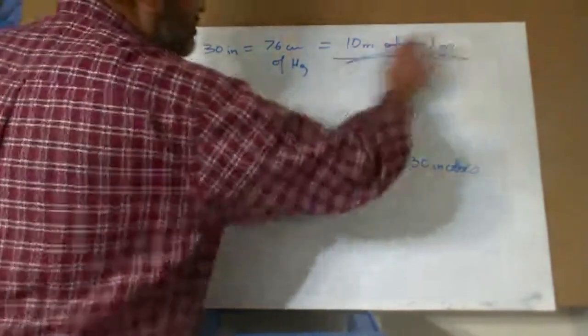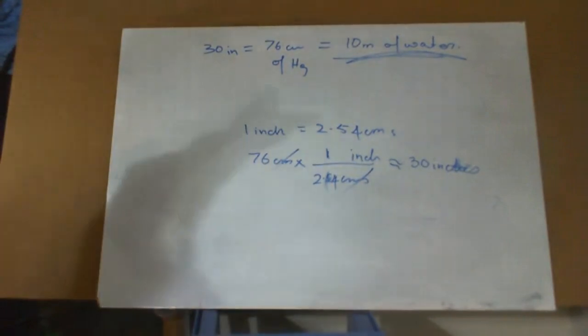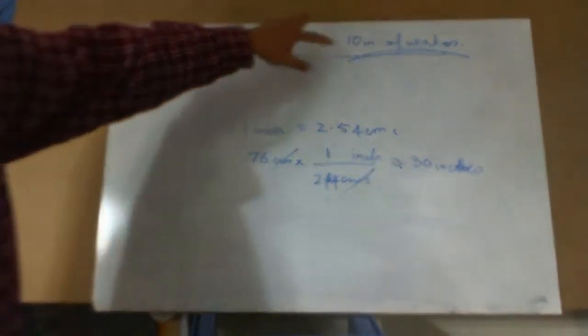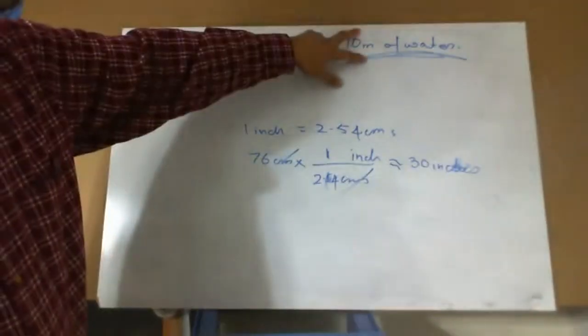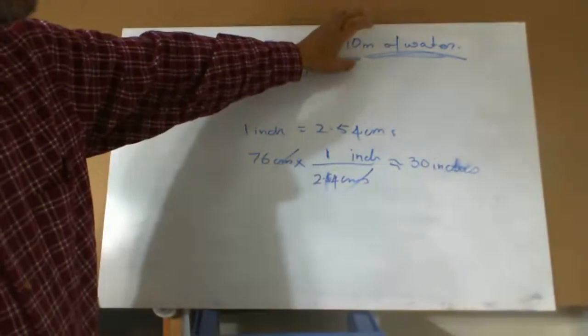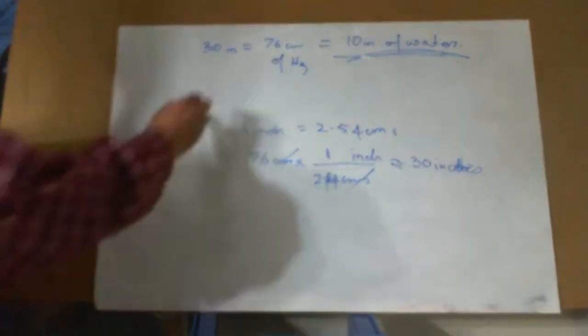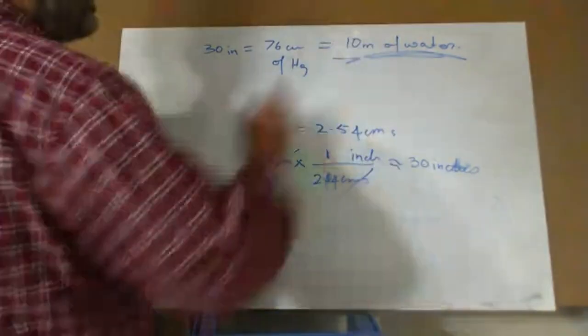So the answer would be 10 meters tall. If it was 15 inches, this would be 5 meters, and the outside pressure would be 50,000 pascals, or 7.35. So this 30 inches of mercury is 10 meters of water.